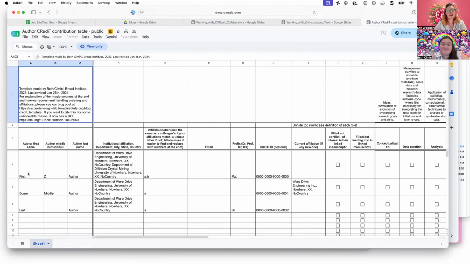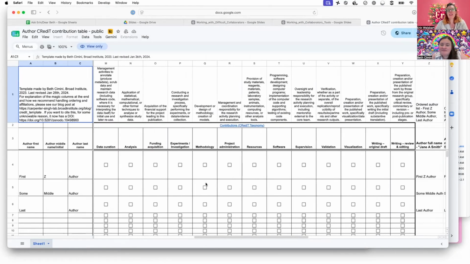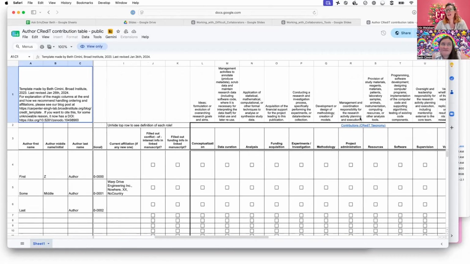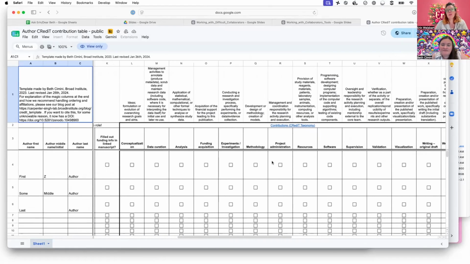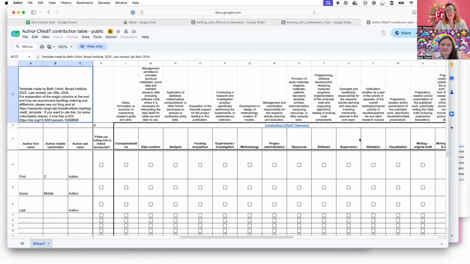We find it super helpful. Here we catch anyone that is being considered for authorship that has been involved in this project at any point. Then this CRediT taxonomy is all of the different ways that someone might contribute to a project that should then be included in authorship, with a description of what that is.